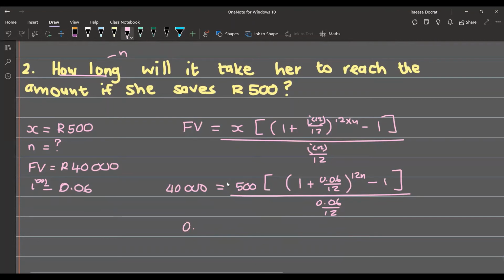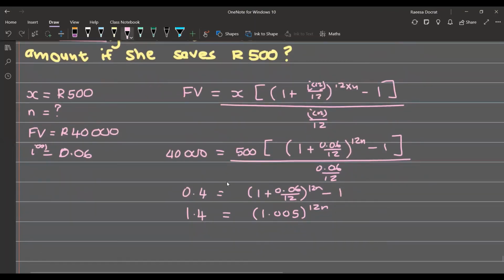So we get 0.4 is equal to (1 plus 0.06 over 12) to the power of 12N, minus 1. Then we add 1 on both sides. So we get 1.4 is equal to, and I'm just going to simplify what's in the brackets here, 1 plus 0.06 over 12 is 1.005, to the power of 12N.